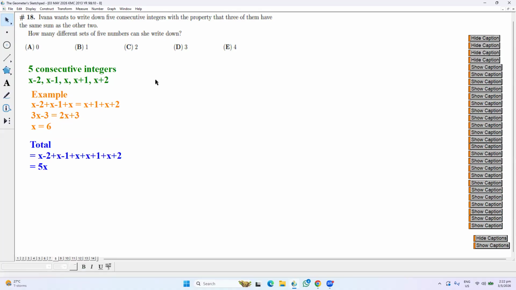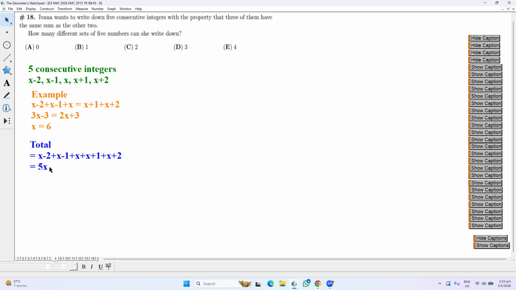To solve the problem, we find the total. Notice, because of the way we choose x to be the middle number, the sum is 5x.